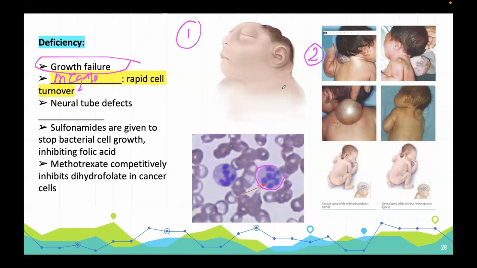Okay, paano po nangyayari nagkakaroon ng ganitong defect pagka meron po tayong deficiency for the vitamin B9. So, ganito po siya. Pagka nagkaroon ka ng folate deficiency, usually meron tayong neural tube. Okay? So, yung neural tube natin, it closes.